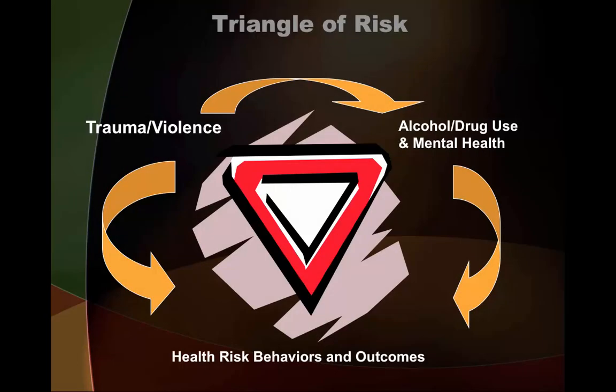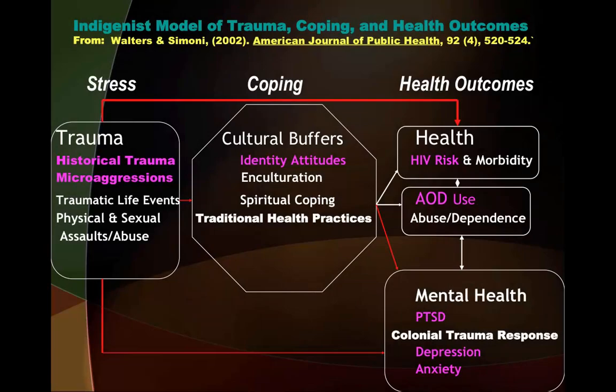Let's revisit this triangle of risk just to get that idea that all of these things are part of an interacting whole, and so the trauma and violence that people experience then impacts their use of alcohol, drugs, and also impacts mental health, which impacts other health risks and behaviors, which then again leads to the cyclical cycle.